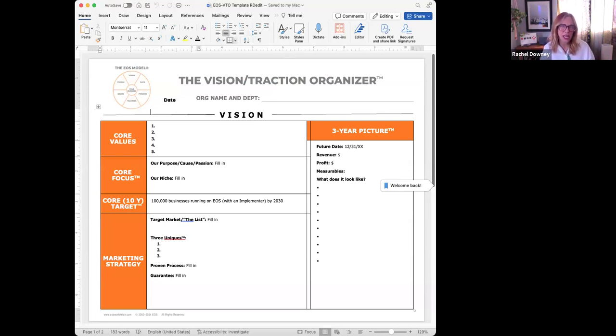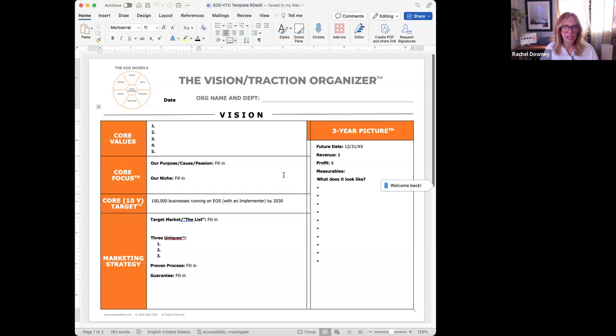This is a great chance for the visionary, or maybe the owners together, to share the core values, how they were discovered, what they mean to you. Remember that core values speech you spent time on? This is where you're going to deliver it. And then again, anytime you can bring in stories or ask people to contribute, make that as interactive as you can.